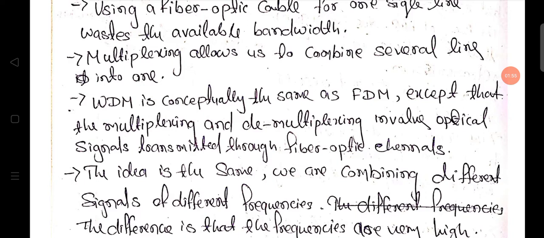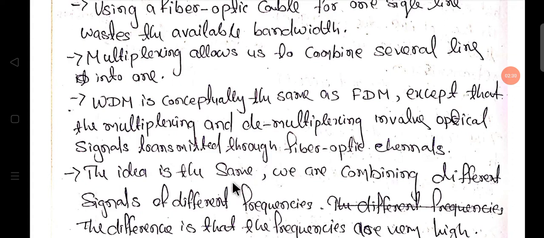Here also an analog signal is transmitted, but in the form of optical light, because the medium is fiber optic cable. Fiber optic cable deals with optical signals, not electrical signals. In FDM, analog electrical signals are used as data, but here optical signals are used as input data.